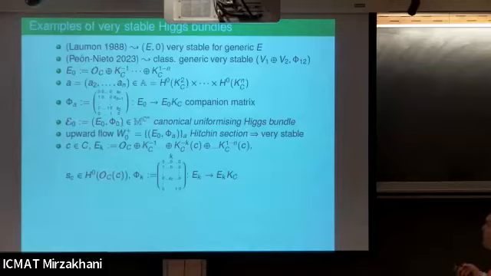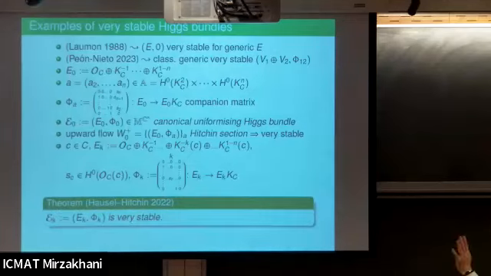The k-th fundamental Hecke transformation is going to be this. And with Nigel, we have a complete classification of the very stable type 1,1 Higgs bundles. So in particular, it applies to this one as well. And then we can show that this is also very stable.